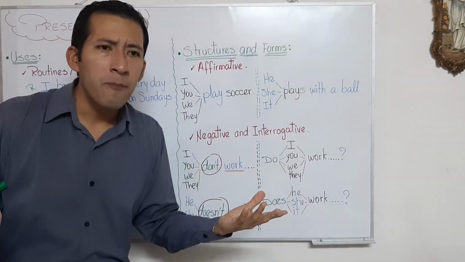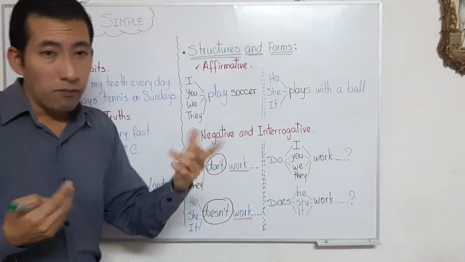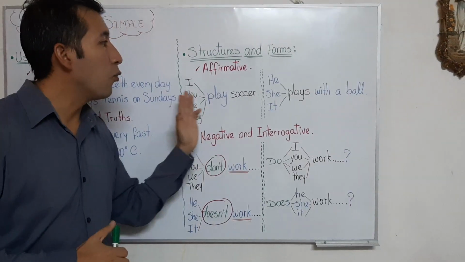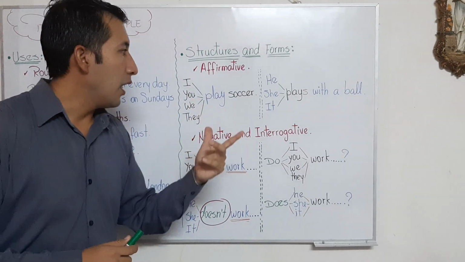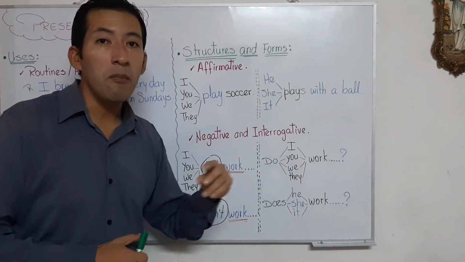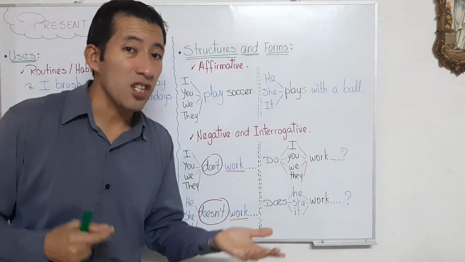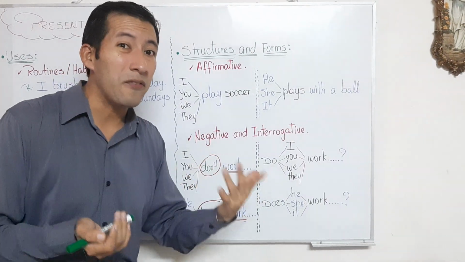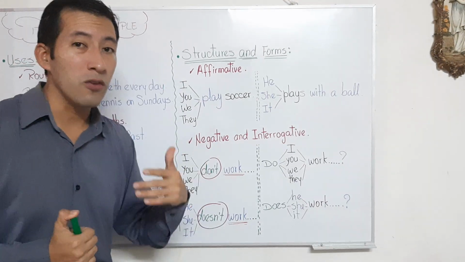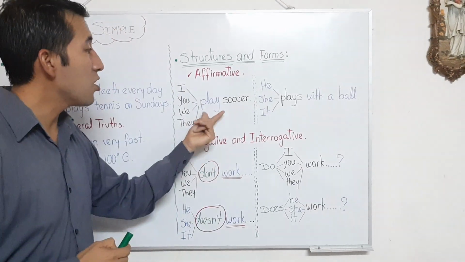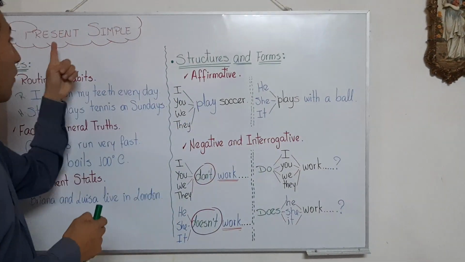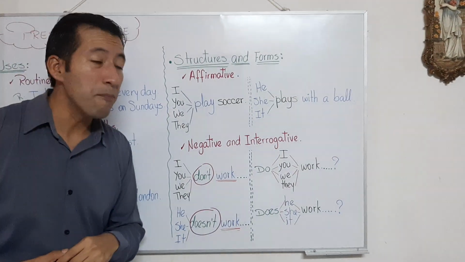But why? Well, I decided to do this because the conjugations are simply two. It's not like in Spanish, where it's a little bit difficult and we have more conjugations to learn. In English, we have only two if we talk about present simple.